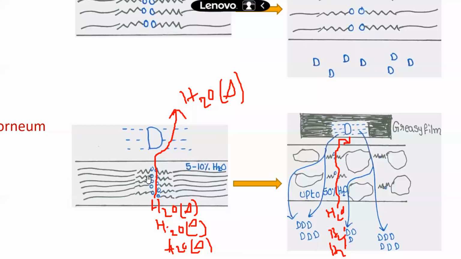This is the path, this is the way. This is already reserved for water. This region is reserved for water. That is only unidirectional, only in a forward direction. So, friends, observe here.